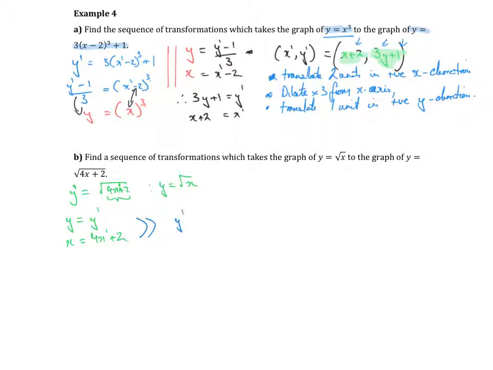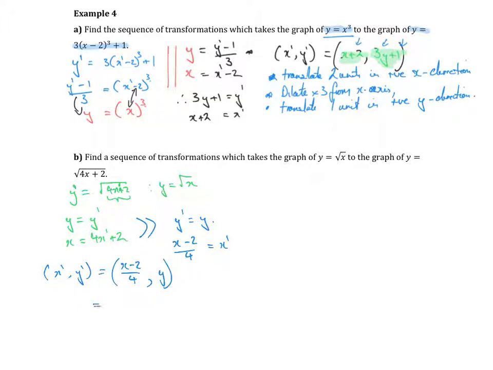So once I've got that, it means that y dashed is equal to y, and (x minus 2) over 4 is equal to x dashed. So I get the coordinate (x dashed, y dashed) is equal to ((x minus 2) on 4, y), and y is just the same.